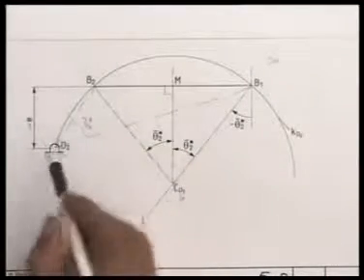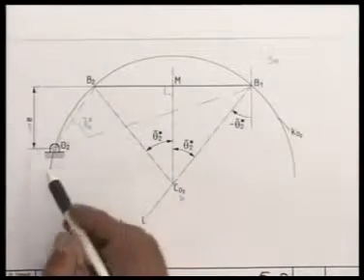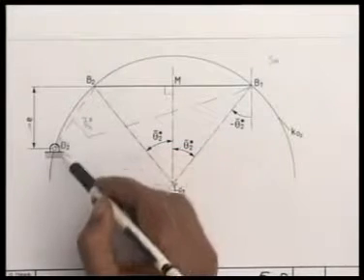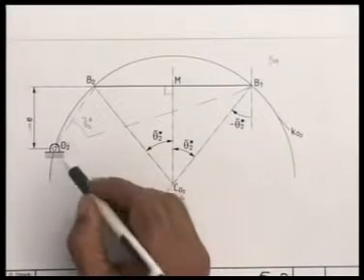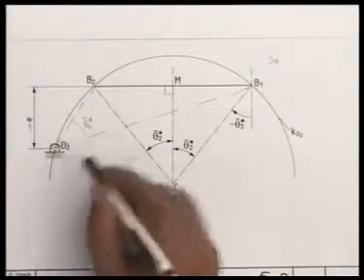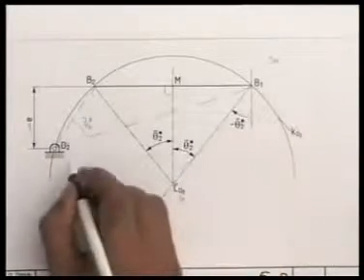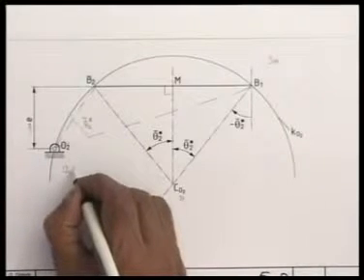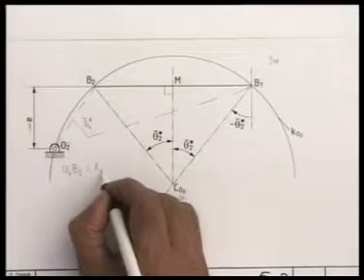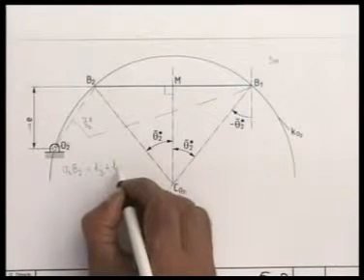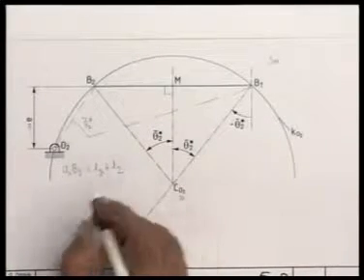Because we have assumed the kinematic dimension, the offset E, I draw this line at a distance E from B1, B2, and wherever this line intersects the circle, that locates my crankshaft O2. Once I have obtained the crankshaft O2, I can easily find the connecting rod and the crank length, because O2 B1 at the outer dead center is nothing but L3 plus L2, where L3 is the connecting rod length and L2 is the crank length.